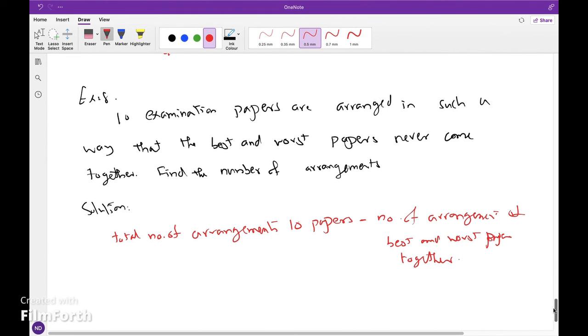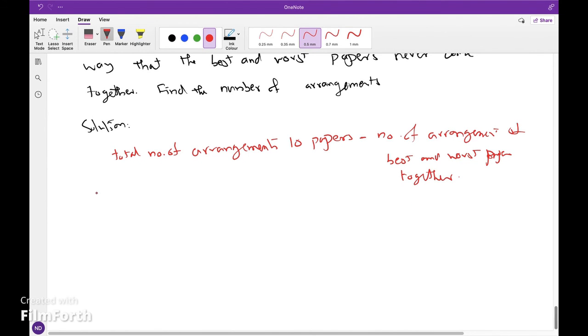The total number of arrangements of 10 papers: so 10 papers have to be arranged, so it can be done in 10 factorial different ways.